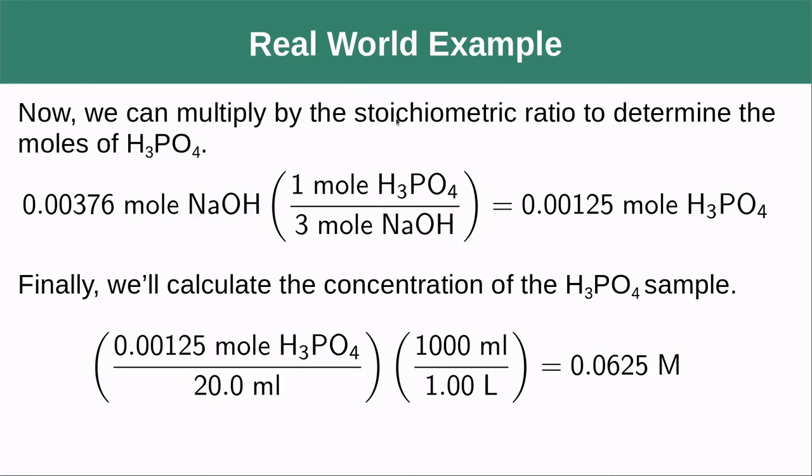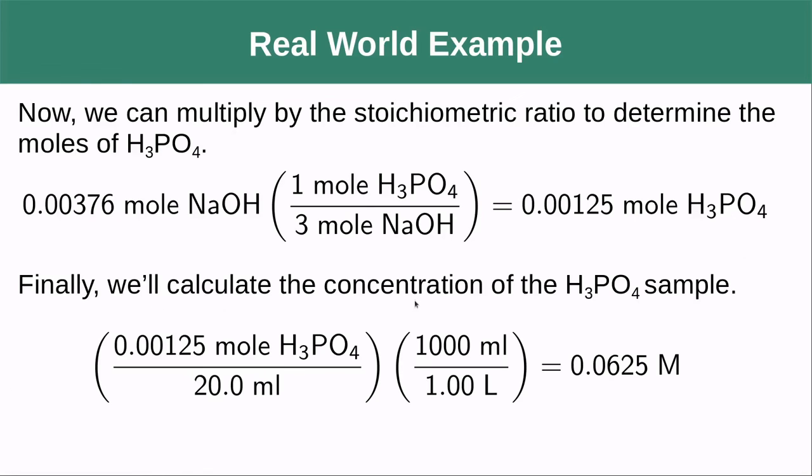Now we can multiply by the stoichiometric ratio to determine the moles of phosphoric acid. We know that we added this many moles of sodium hydroxide. We know that we have 3 moles of sodium hydroxide for every 1 mole of phosphoric acid. And we see that it comes out to 0.00125 mole of phosphoric acid.